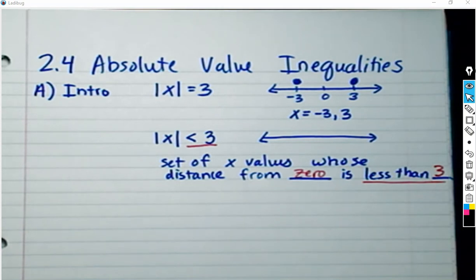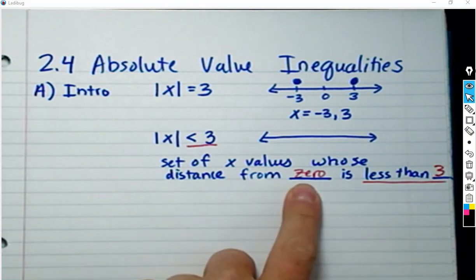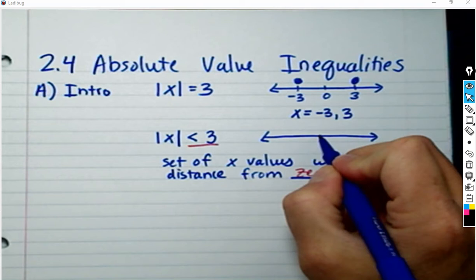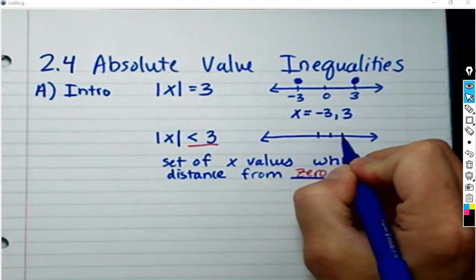All right. Rapid fire. When I call on you, tell me a number whose distance from 0 is less than 3. Any number you want for distance that is less than 3. Shane, -2, fantastic. Let me give myself a little number line here.